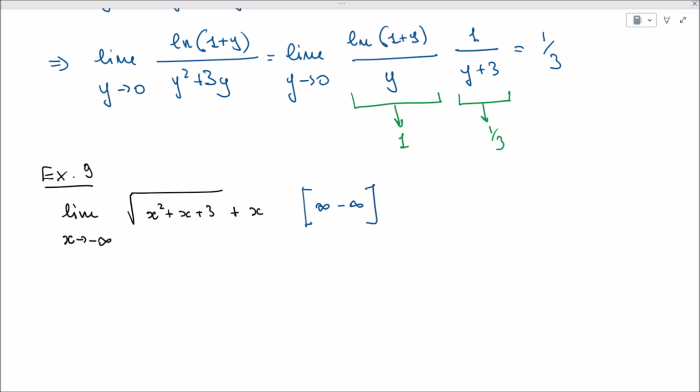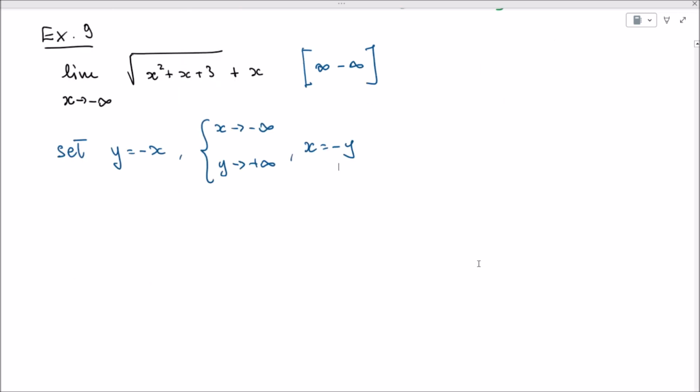So let's attempt a change of variable. Let's set y equal to minus x. Well, this implies that when x goes to minus infinity, y goes to plus infinity. Okay? And of course that also implies that x is equal to minus y.